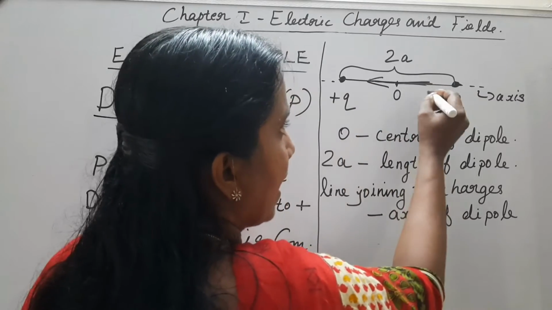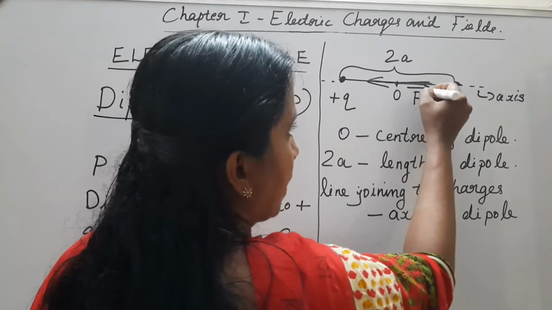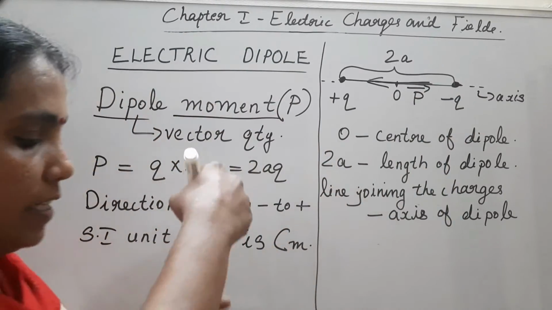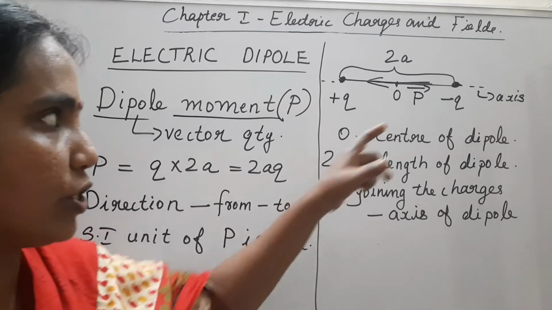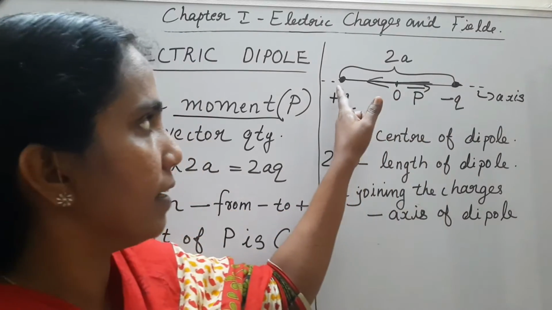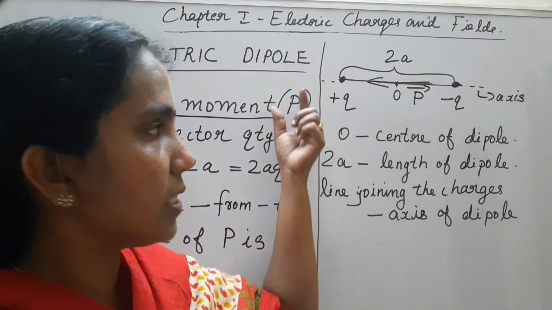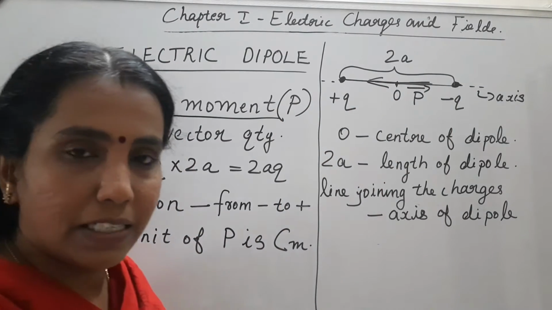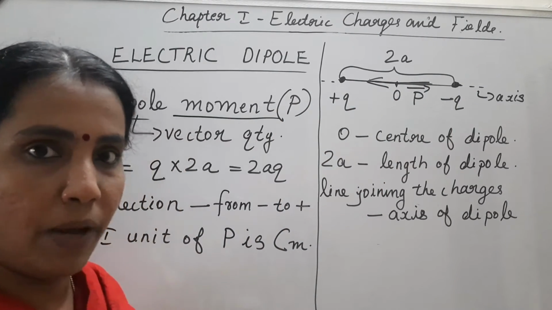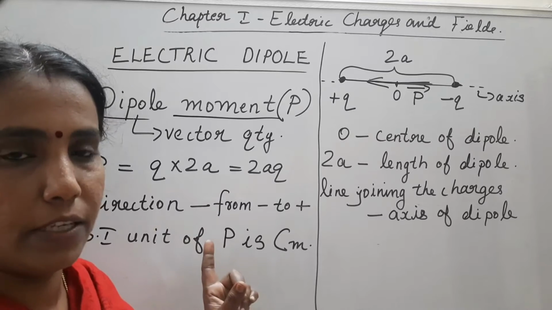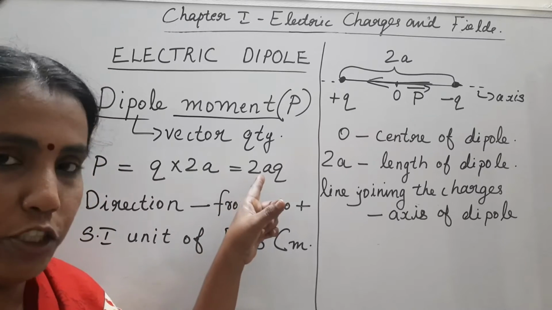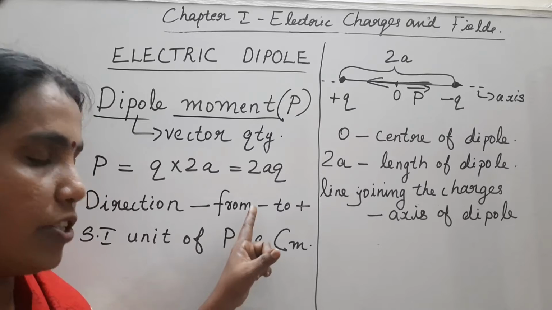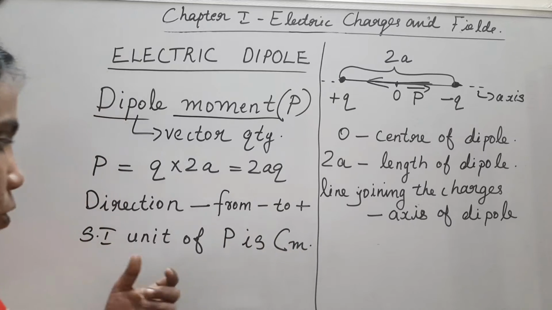So this is the direction of vector P. Here is the negative charge and here comes the positive charge. Vector P is nothing but dipole moment. So dipole moment has a magnitude 2aq and its direction is from negative to positive.